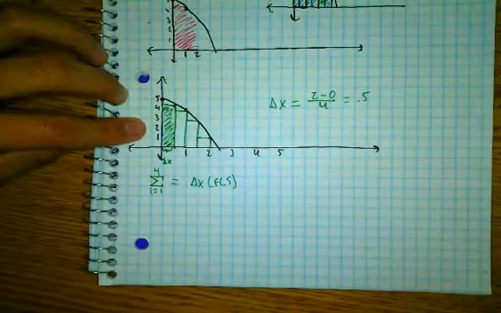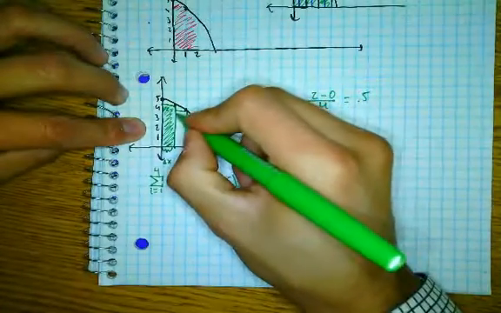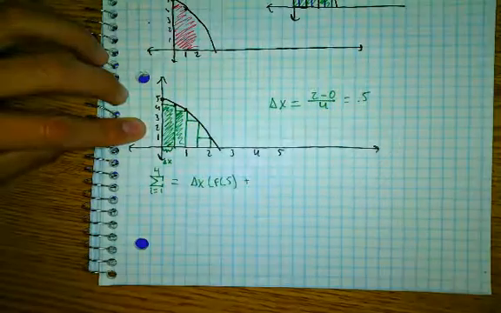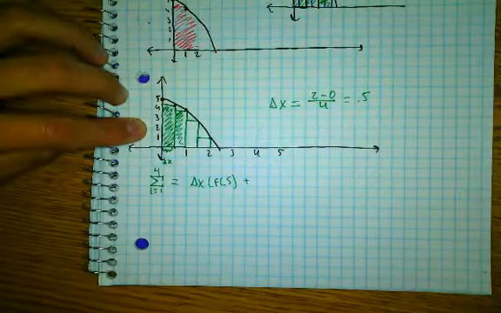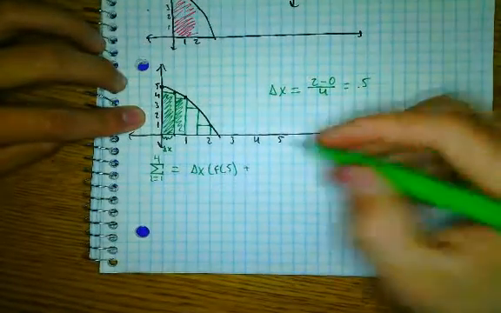And then you need to find this rectangle. How would I find the area of that rectangle? Delta x times what?